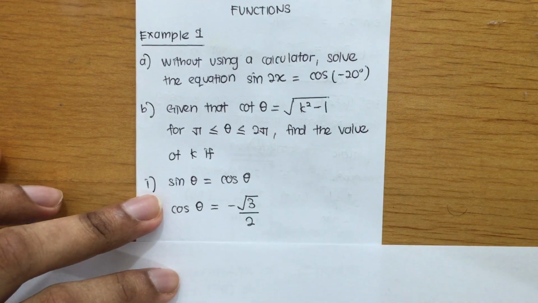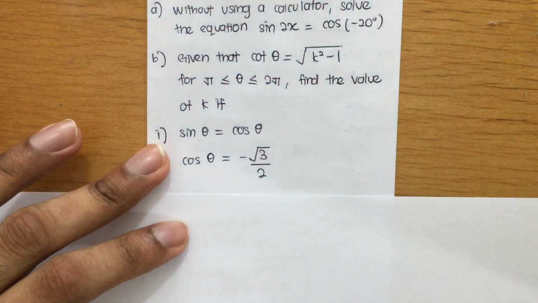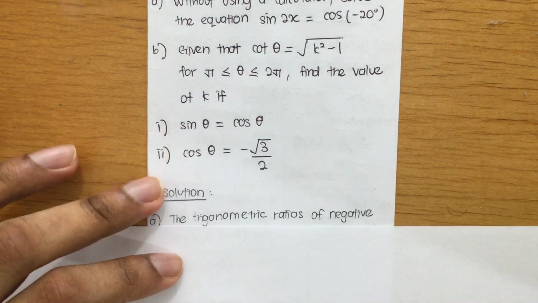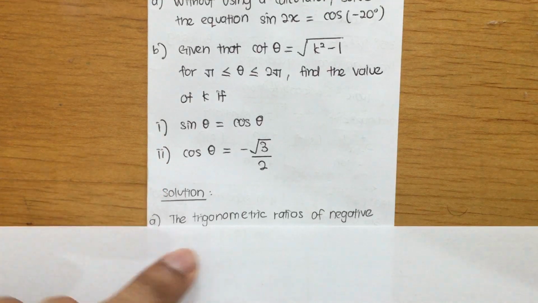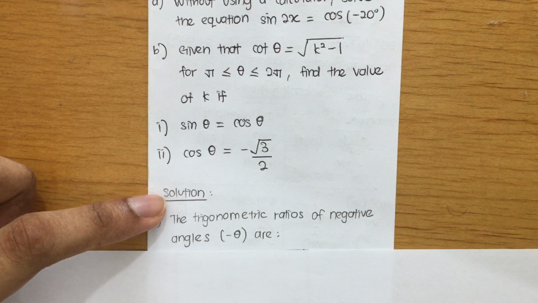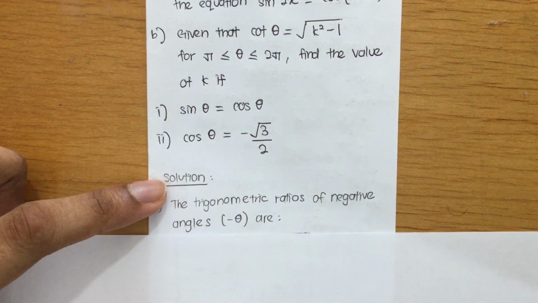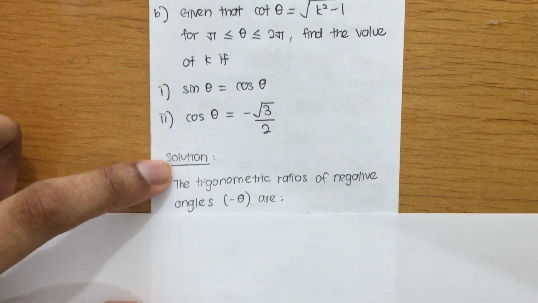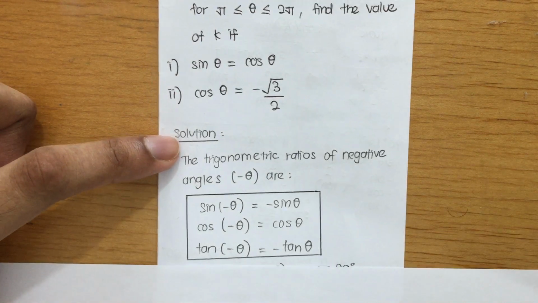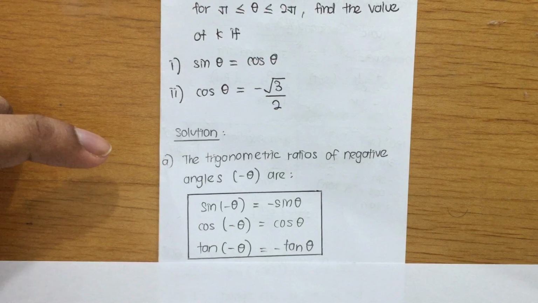Okay, we're going to solve question A. To solve question A, you need to know the trigonometric ratios of negative angles theta. There are 3 types of trigonometric ratios of negative angles. Okay, what are they? I'm going to show you now. These are some of the important formulae that you should know, guys.